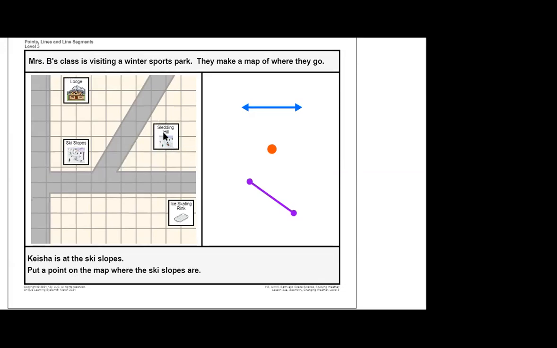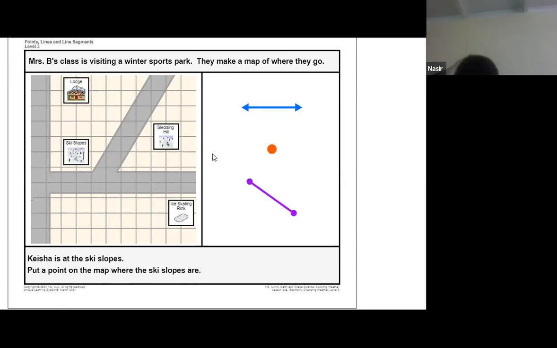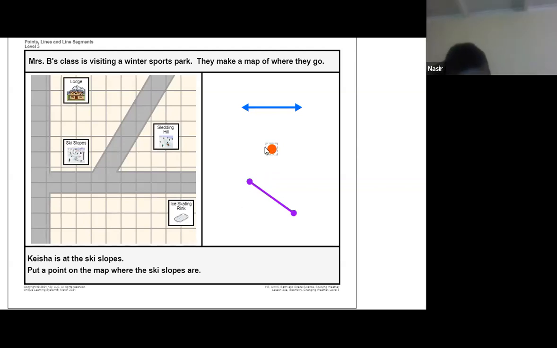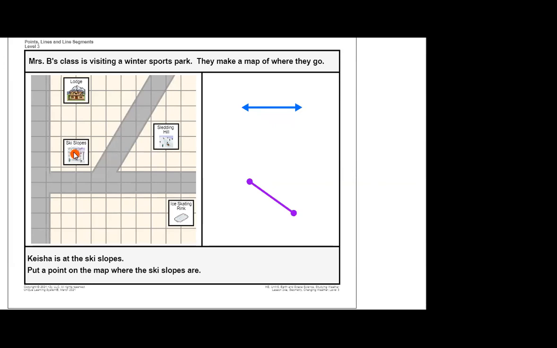No. Or do I put it here at the ski slopes? Put it there. All right. So which one's my point? The first one, second one, or last one? The second one. So I put my point at the ski slopes.